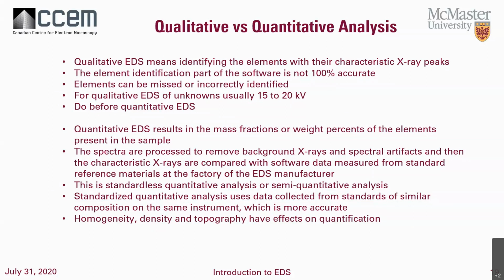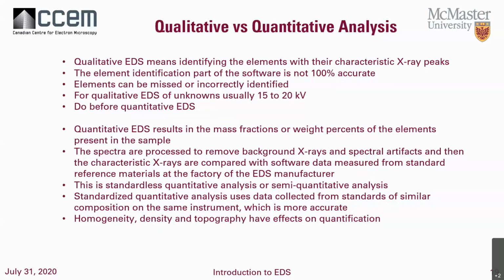Identification of elements is not 100% accurate. Elements can be missed or incorrectly identified. You will usually have more problems the broader the peaks are, so if you have very low process time, sometimes you get more problems.